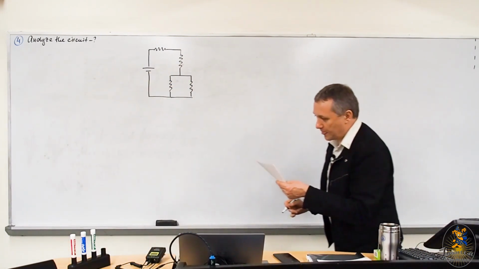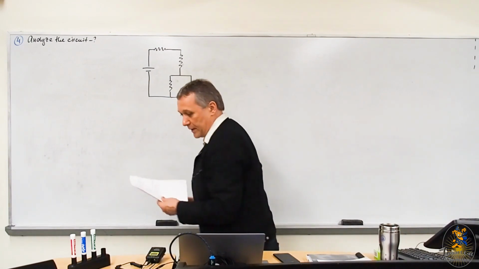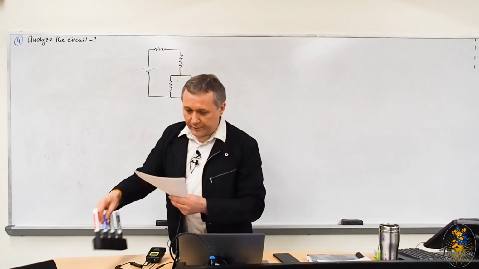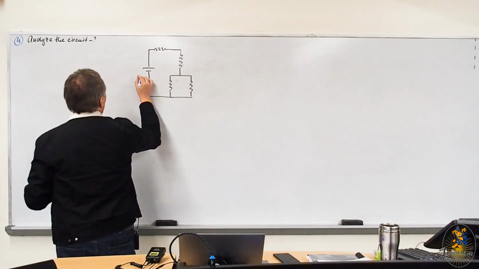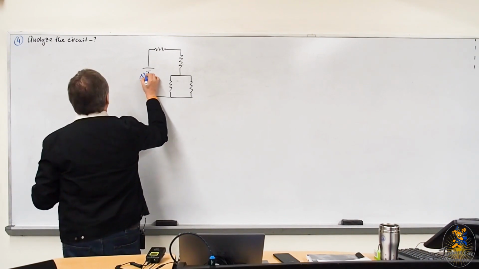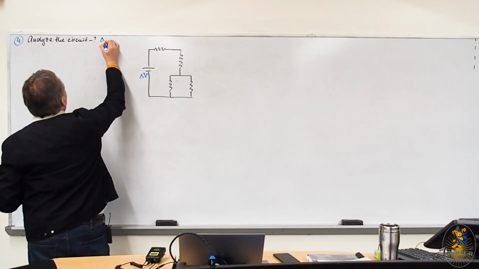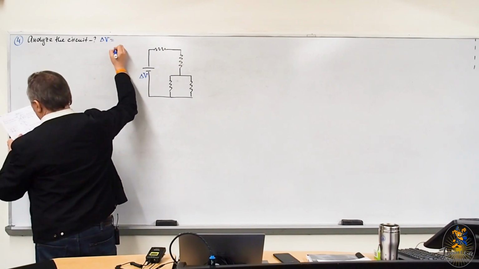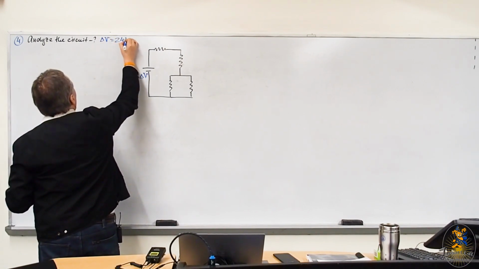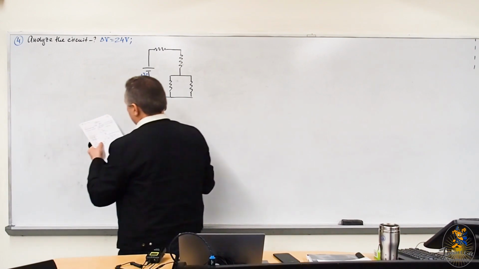Now let's label all these resistors. Delta V, the potential difference of the battery, I will write here. So delta V is 24 volts.